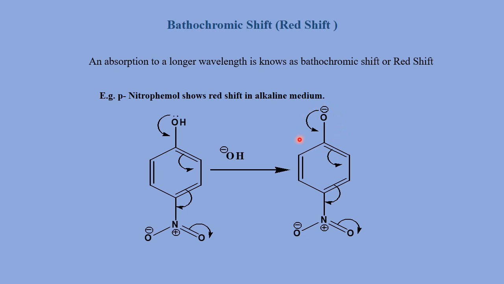So there is a greater extent of resonance, and the involvement of the lone pair in resonance is greater. That's why the chromophoric length increases. In this case, the lambda max value is 250 nanometers and the epsilon value is 900. Here the lambda max value increases, and the epsilon value is 1500.